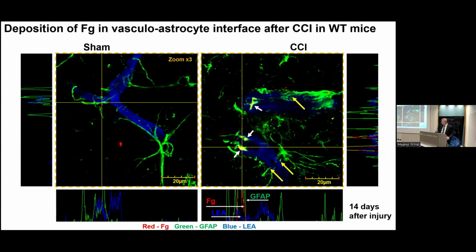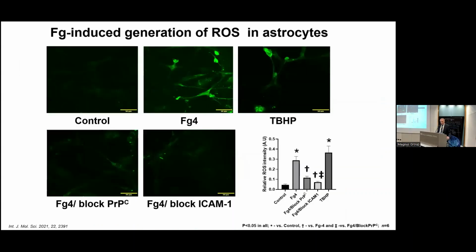And here you can clearly see that fibrinogen is located outside of the vessel, which is blue, and between the vessel and astrocyte end feet. This red is clearly alone, sitting between the green and the blue. So fibrinogen comes out of the vessel and deposits in between the vessel and astrocyte end feet.